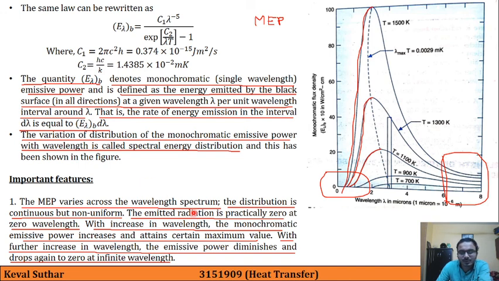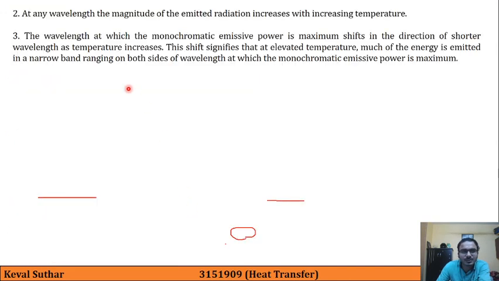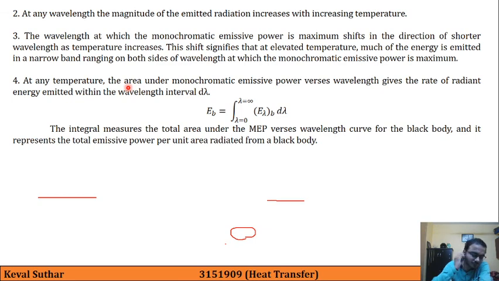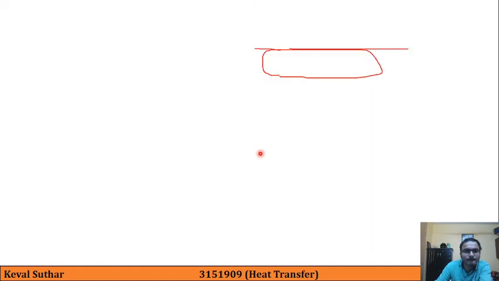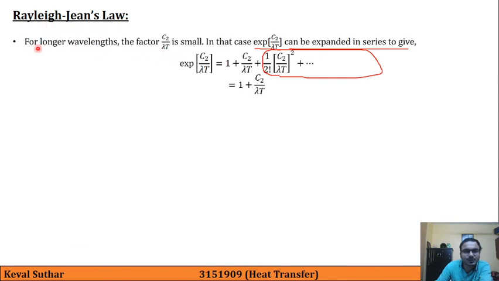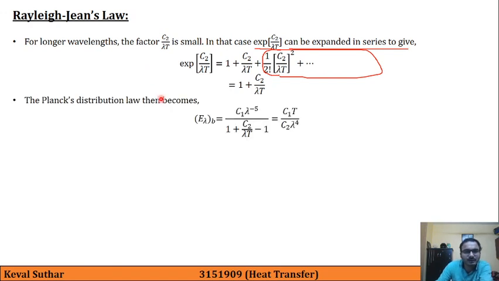We studied the important features of this. The next was Wien's law, which is for shorter wavelength, the modification of Planck's law. The next is the Rayleigh-Jeans law, which is for longer wavelengths, a modification of Planck's law for longer wavelengths.